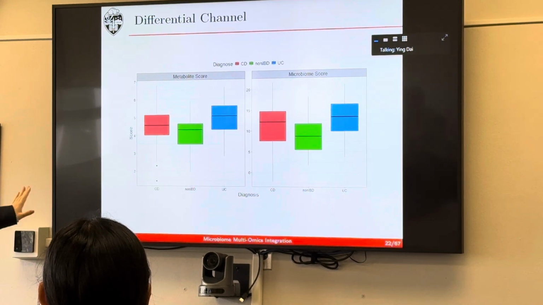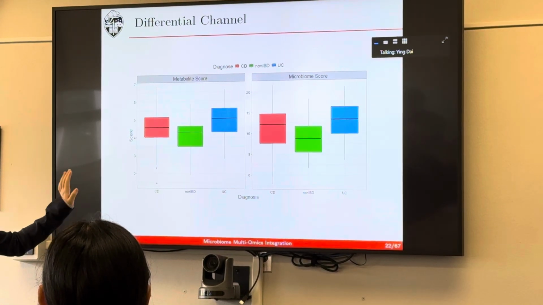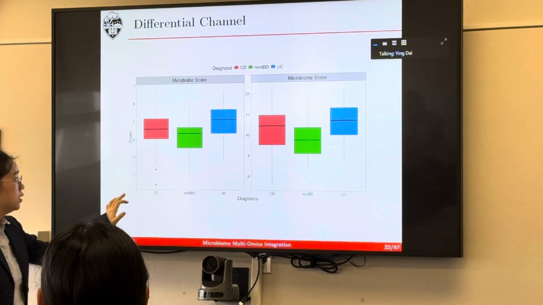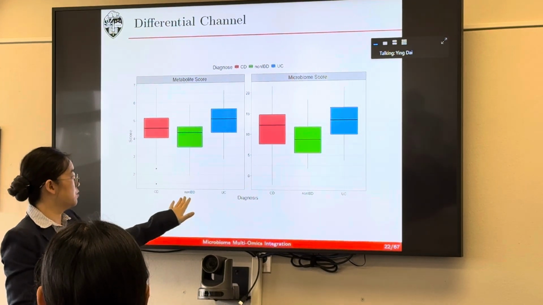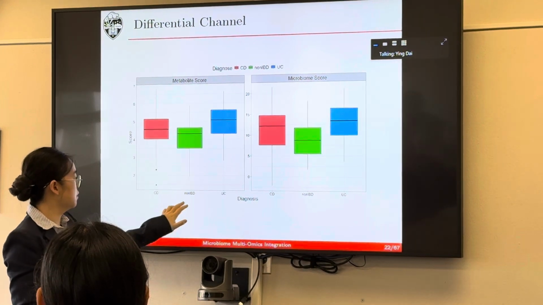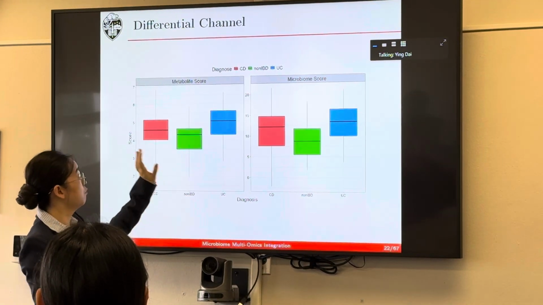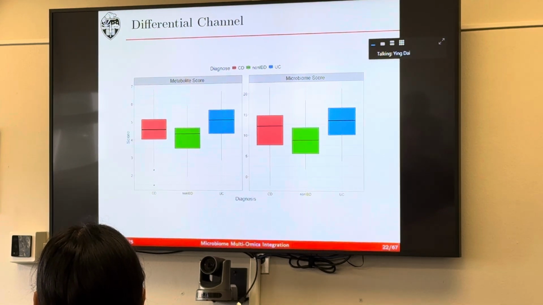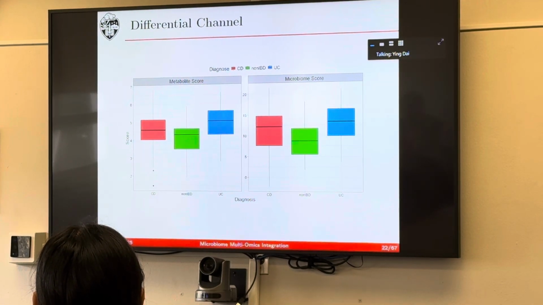And this is the 3rd most important channel, and we see the difference there. If we look at the box plots between non-IBD and UC for both metabolite and microbiome scores, we can kind of have the hypothesis that they are different.